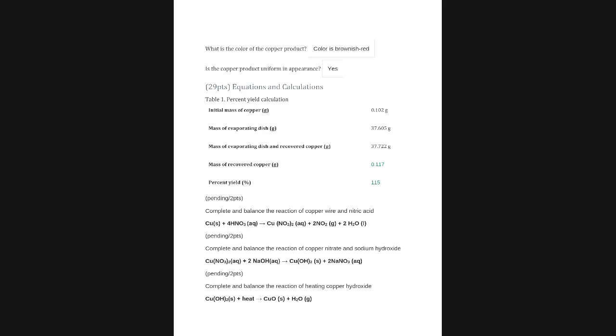We saw in our example how to calculate the mass of recovered copper. With my numbers, how would you do it? Can you send me a message? How did I obtain the 0.117?